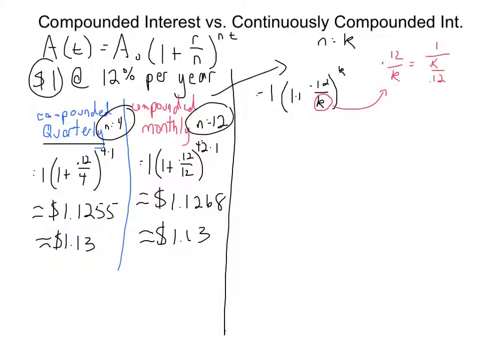Now think about that. When you divide by a fraction, you're really multiplying by its reciprocal. So we're going to rewrite this as 1 times 1 plus 1 over k over 0.12. And you say, what? Just bear with me. This is going to be kind of cool.